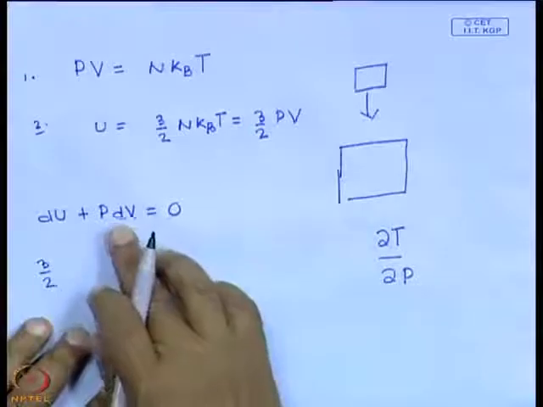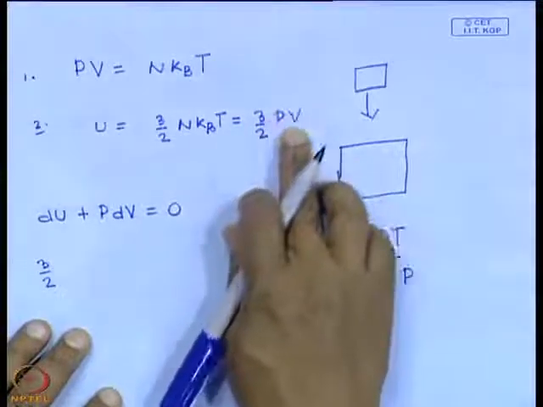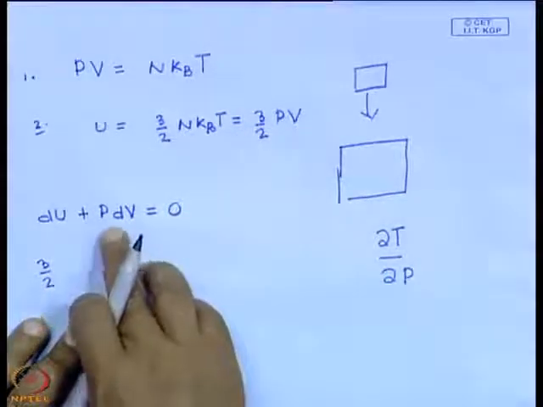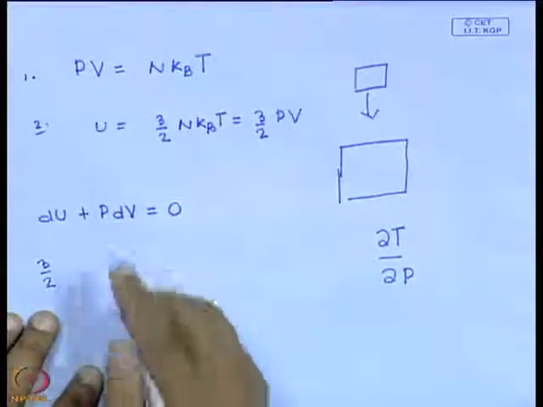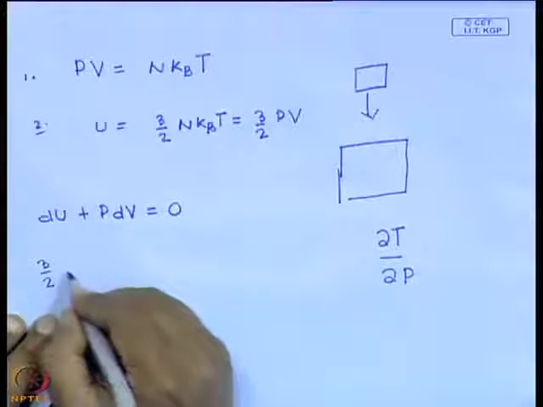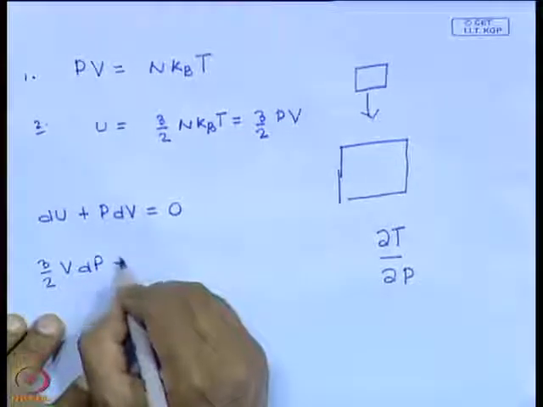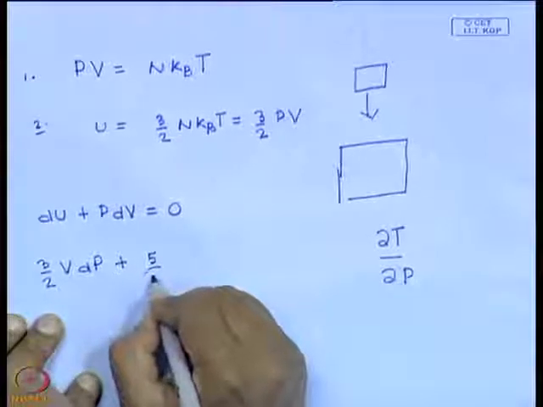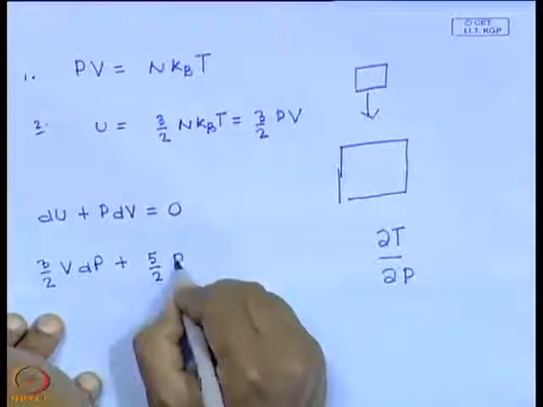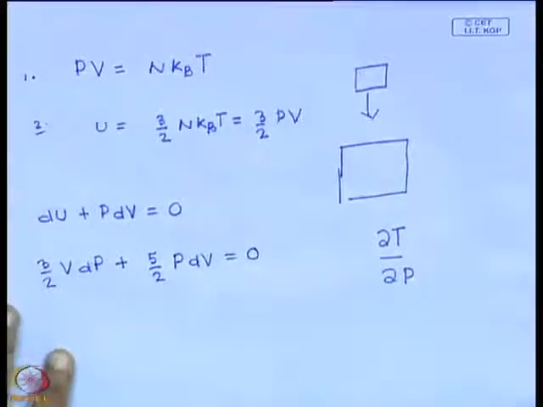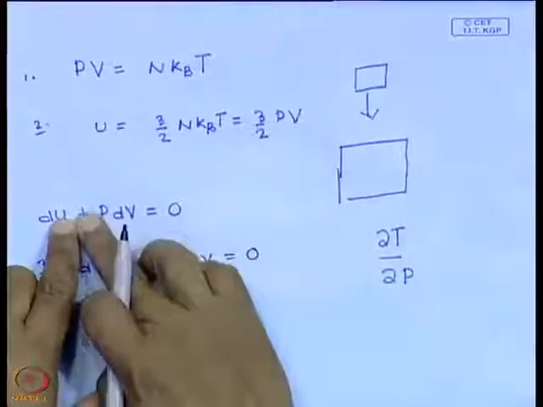One will be PdV when I differentiate this, and the other one will be VdP. The PdV term can be combined with this, so I will get one term VdP and the other term plus 5/2 PdV is equal to 0.